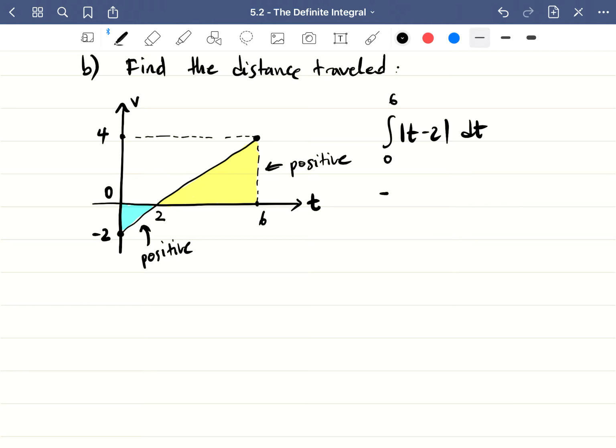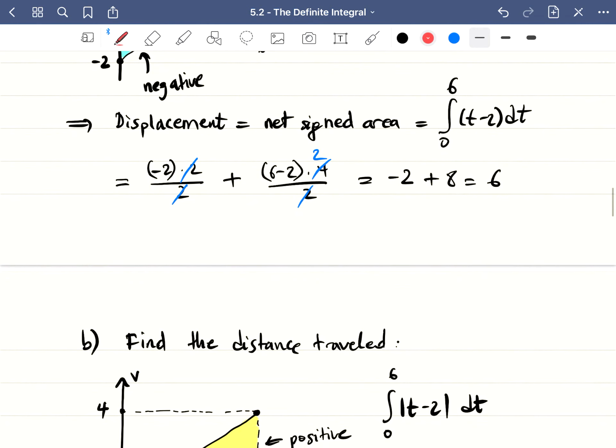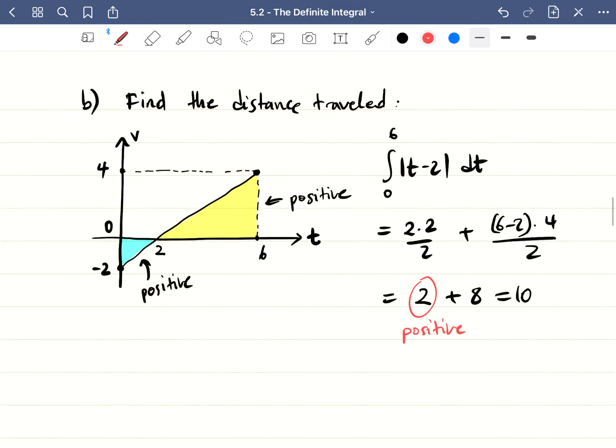So this is equal to 2 times 2 over 2 plus 6 minus 2 times 4 over 2. So this is now 2 plus 8, which is 10. Okay, so this here is positive. Whereas in the previous part, this was negative. Okay, that's the difference between the two.